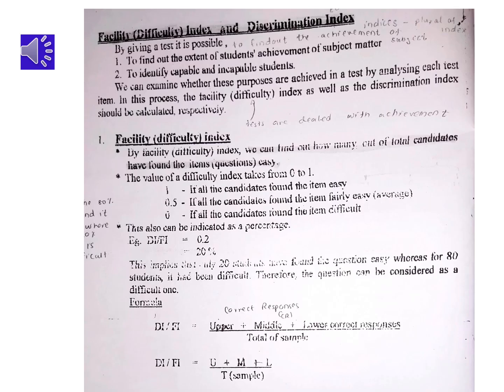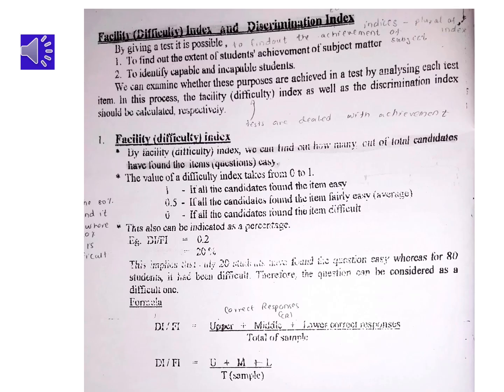Sometimes they ask about p-values, percentage ranks, that section. Sometimes they include questions based on this topic, facility index and discrimination index. Anyway, you find questions either in the first paper or in the second paper based on this section.